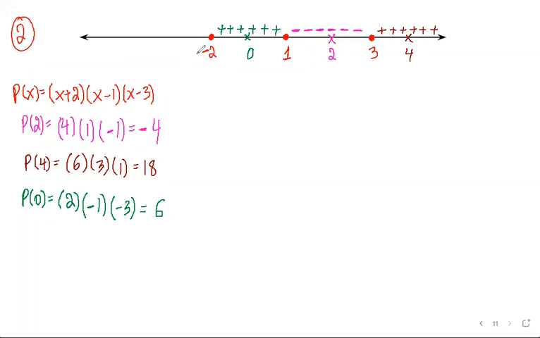Now pick any element smaller than -2. Which number would you like to take? -4. You plug it inside the function, p of -4. I get -4 plus 2 is -2, -4 minus 1 is -5, and -4 minus 3 is -7.